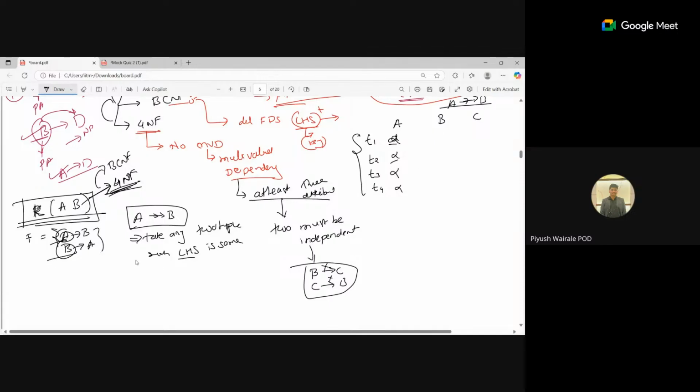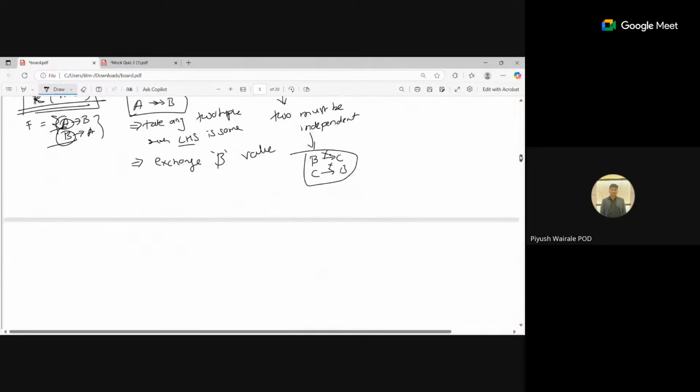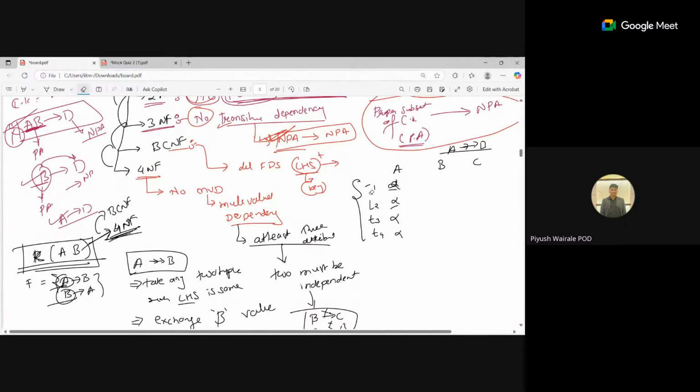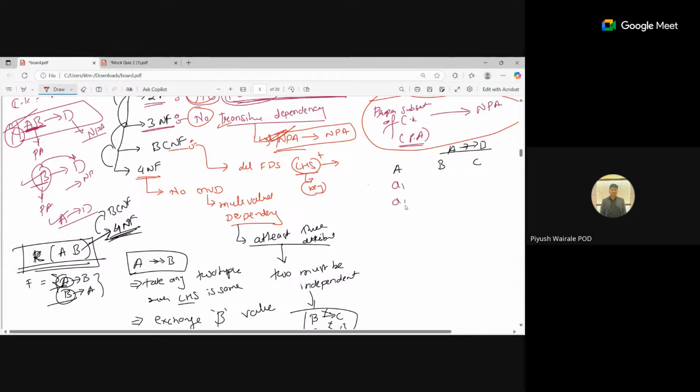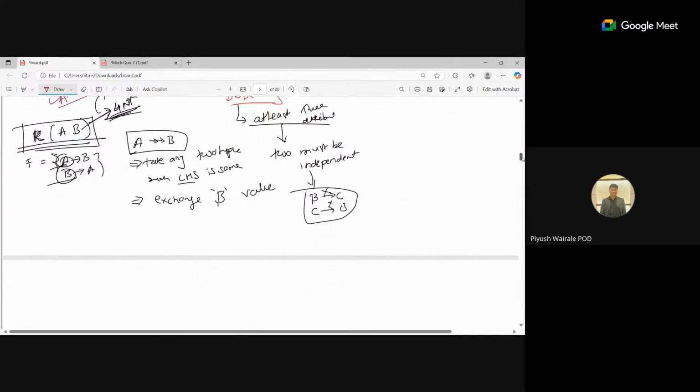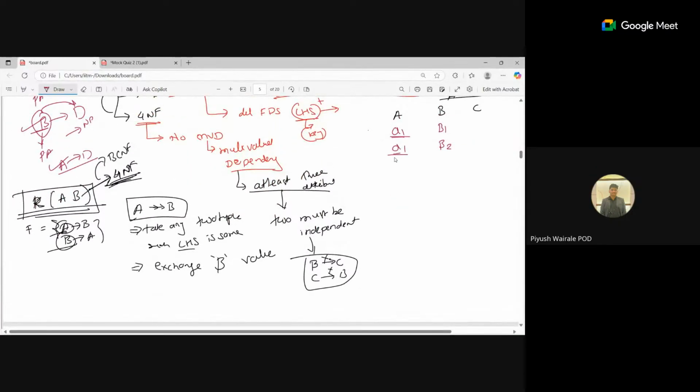Now after taking those two tuples, what do we need to do? Exchange the beta value, meaning the B value here. Let me take an example. Here we have A, B, C, and we are saying A determines B. Here we have A1, A1, which is a required condition: alpha must be the same. Let's say here we have B1 and here B2, and C1 and C2.